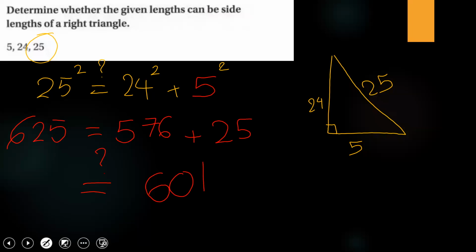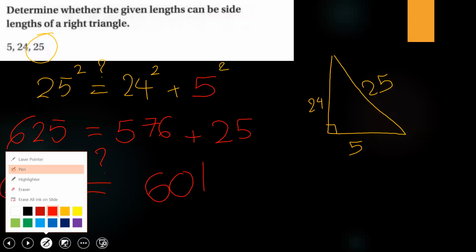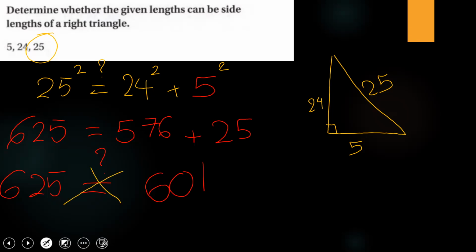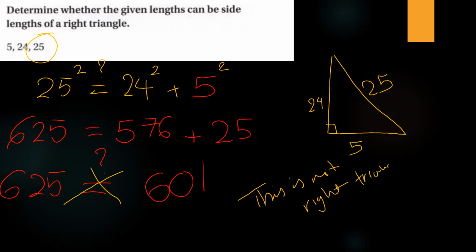Is it equal to 625? No. So I will say this is not a right triangle. Is it clear? Yes. Okay.